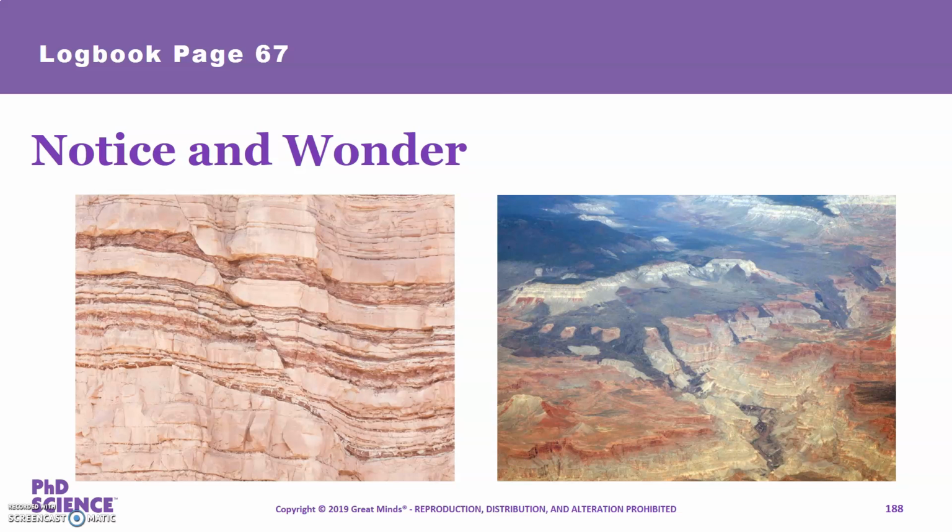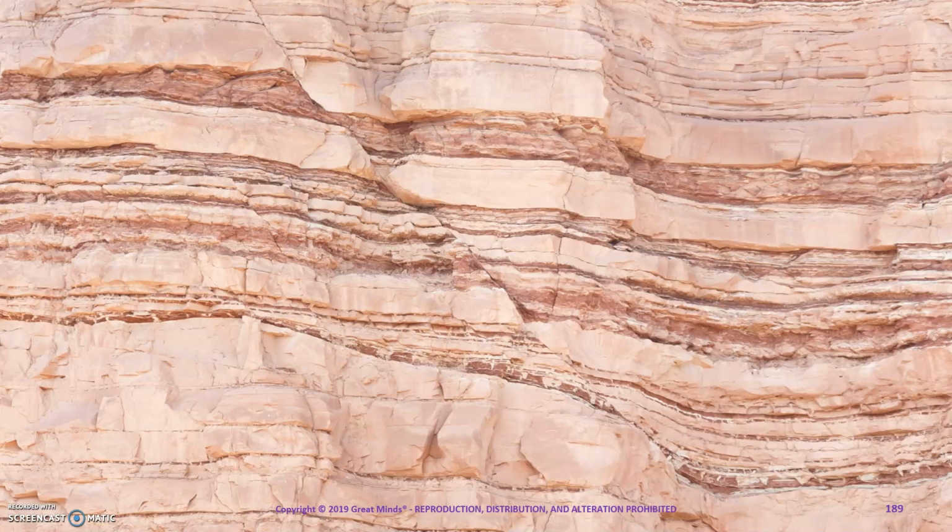We're going to discover in just a few moments that even though both of these photographs are from the Grand Canyon, all across the world we can find similar things. So here's an up-close picture of the first photograph. Now this rock has a fault line running through it.